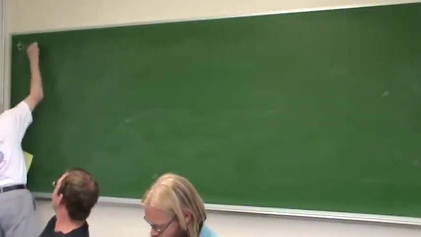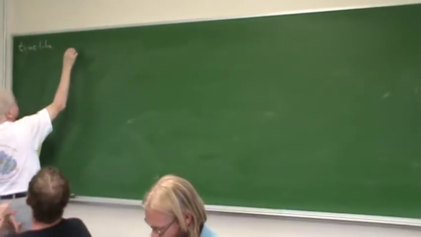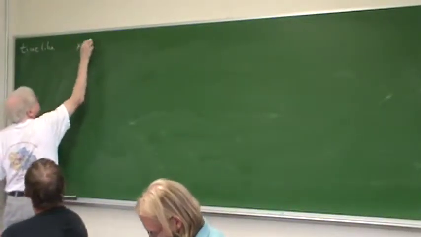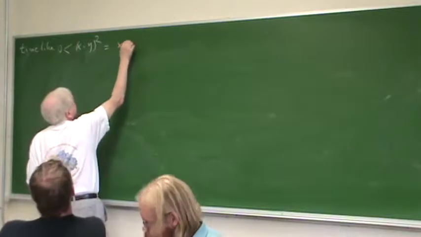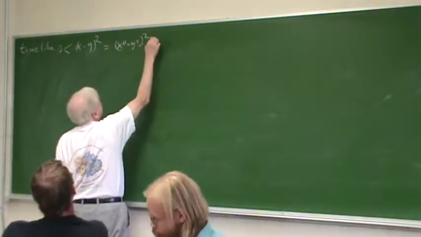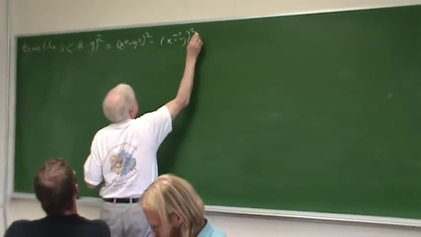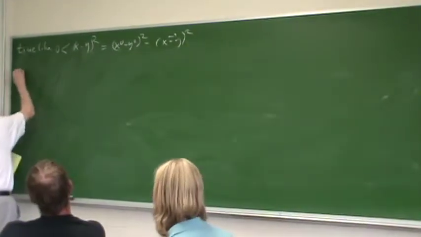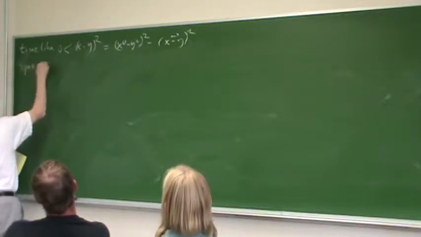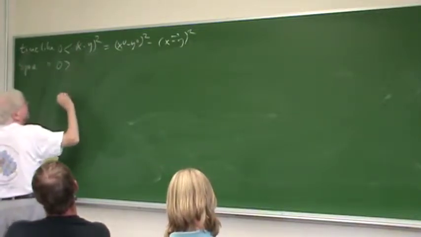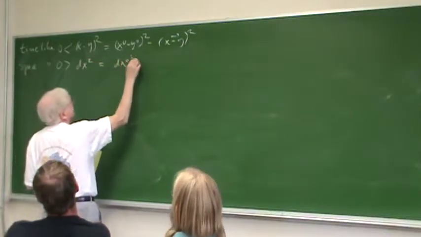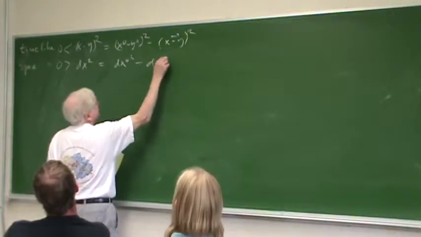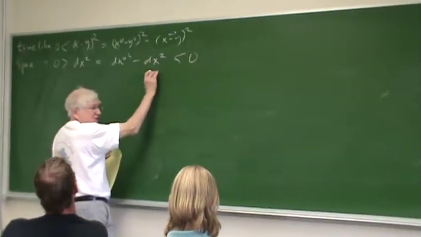Now, we have, of course, this definition of timelike. That means that (x minus y) squared is greater than 0. In other words, (x minus y)0 squared minus (x minus y) vector squared is positive. Spacelike is the opposite. Let me just write dx squared here. So this is dx0 squared minus dx squared, and this has to be less than 0 because the space part is bigger.